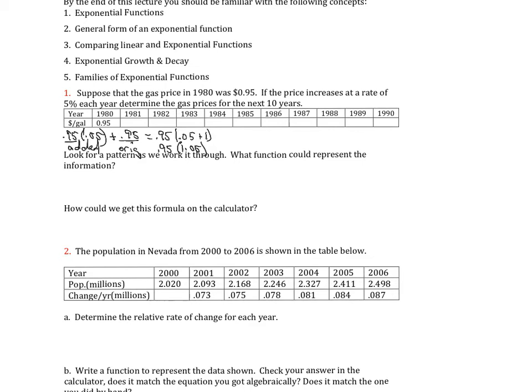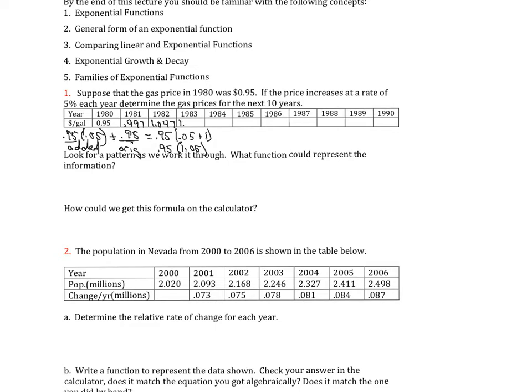If you do 0.95 times 1.05, you should get 0.997. Now I'm rounding these to 3 decimal places. If you take that amount and multiply by 1.05, you should get 1.047.